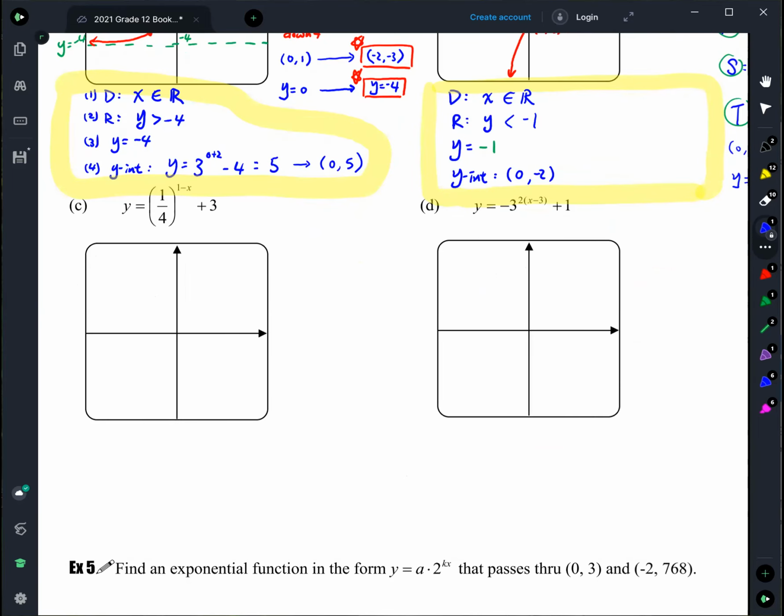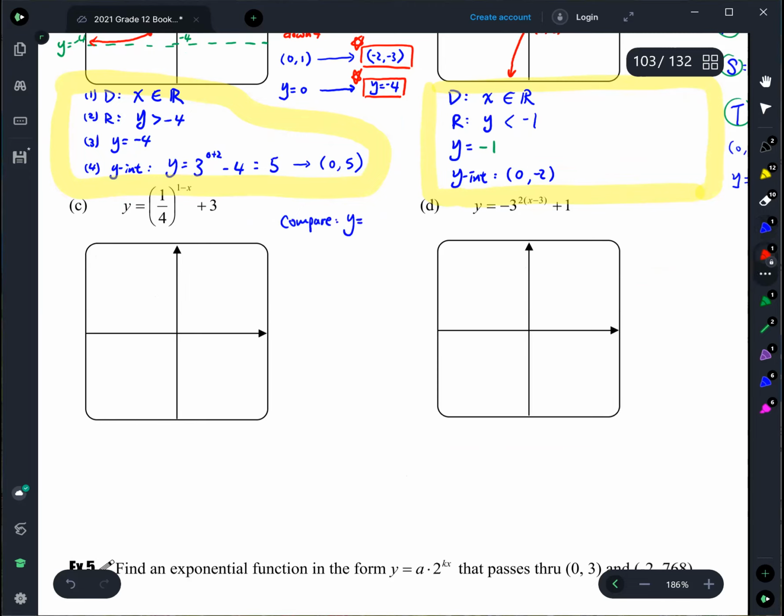So this time, let's see how far you guys can work on your own. Compare with something. Think about what we compare with. All right, and then change that into story form. You can see the drill again.